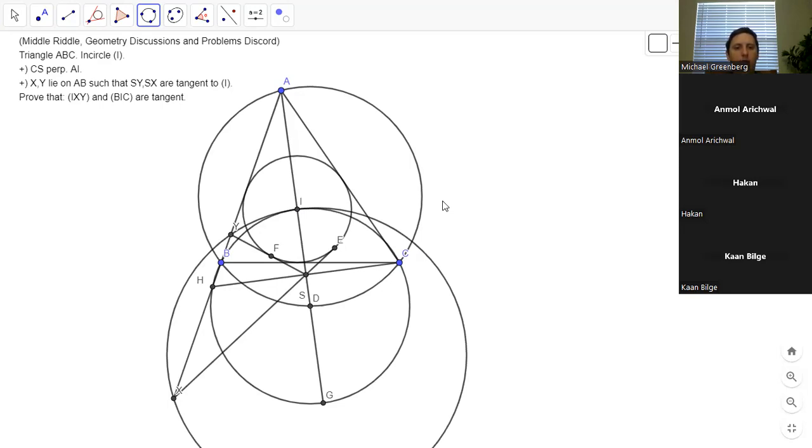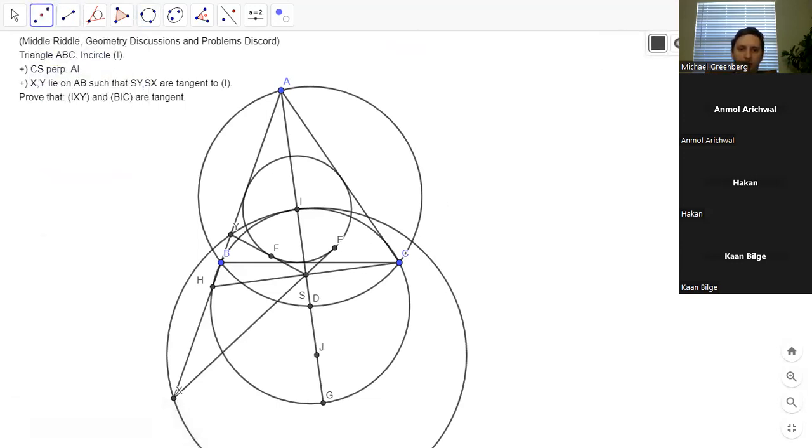So XHYA is harmonic. I mean, yeah, basically we just need to show the center of this circle lies on the angle bisector, right?